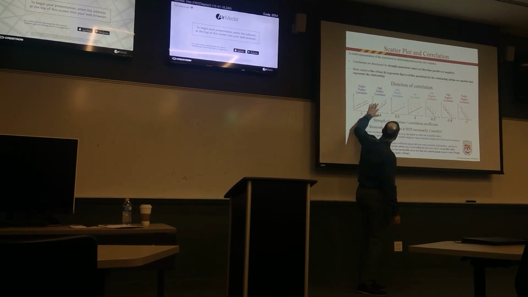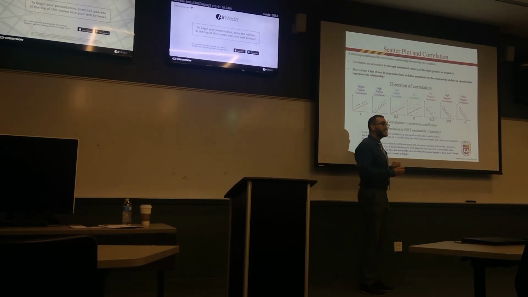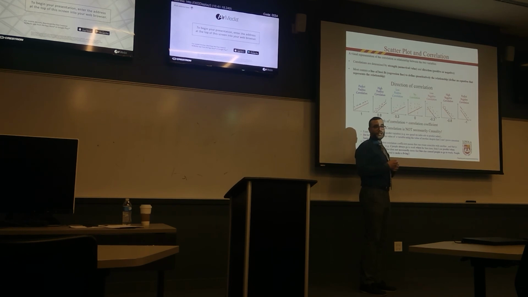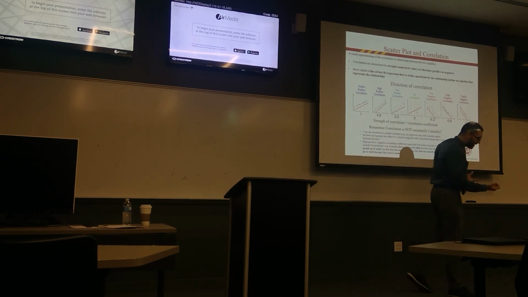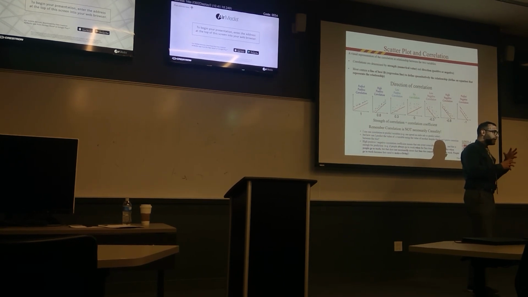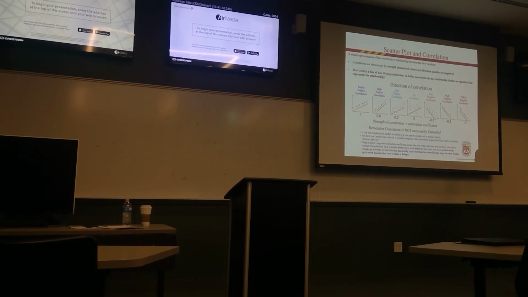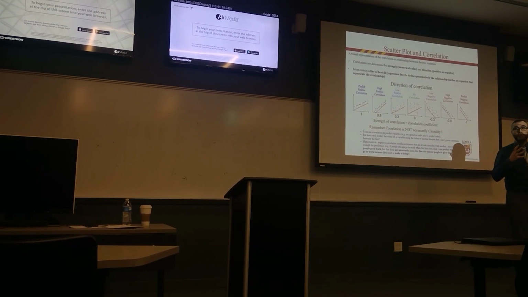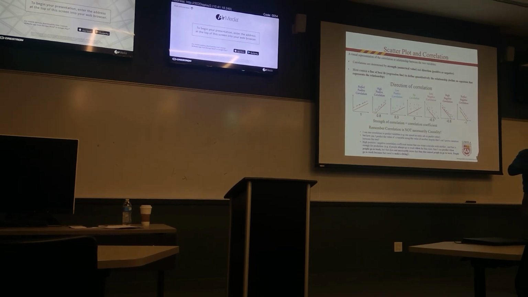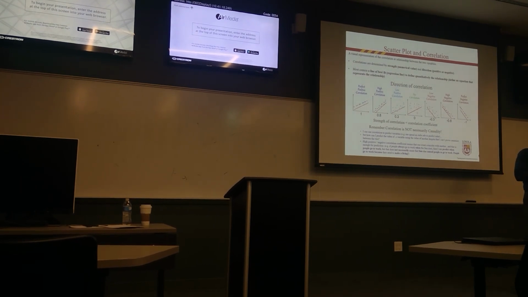I can find a line that best represents this relationship, and that's called the regression line. So I can use the correlation coefficient and scatter plot to identify the strength and direction of a relationship between two variables, but I can use the regression line to quantify the relationship and turn it into a linear equation.